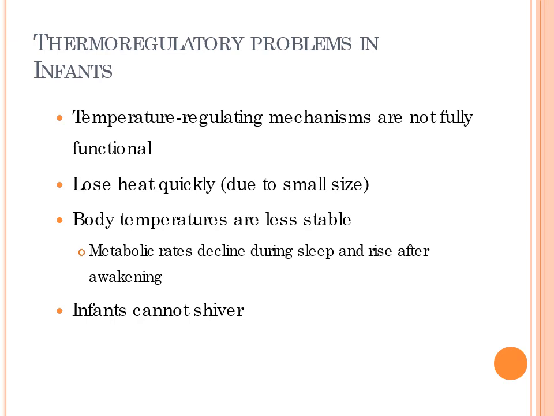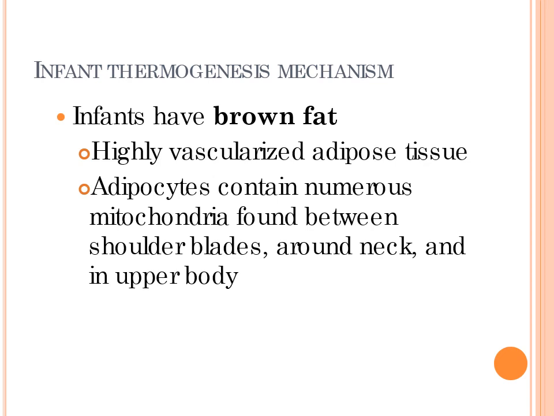Our infants have a hard time regulating their body temperature. They're very small, and so their regulatory mechanisms are not fully functional. That's why we have to keep them wrapped up and really keep them warm all the time. Infants also do not have the ability to shiver. They do, however, have a lot of brown fat. You remember back in AP1, we talked about brown fat being highly vascularized fat and containing a lot of mitochondria.